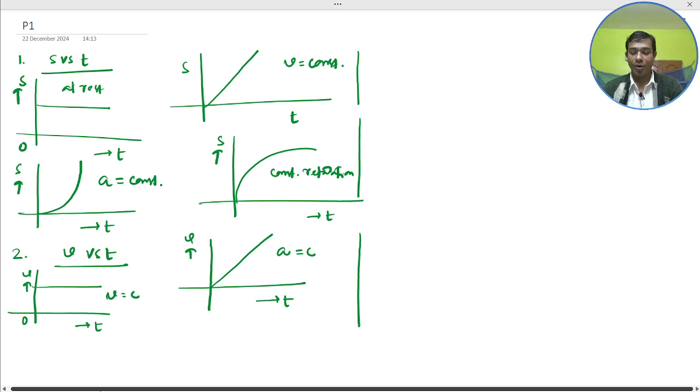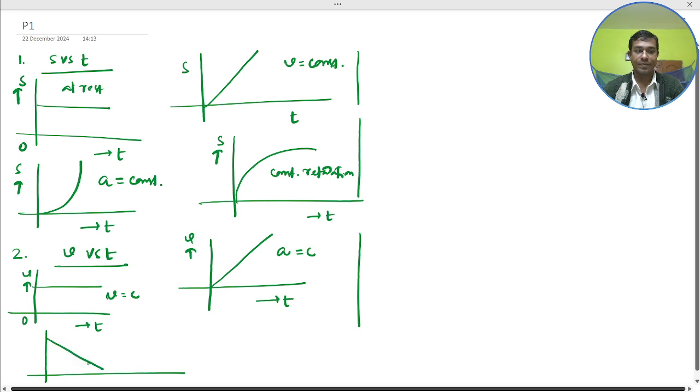Fourth one, moving with constant deceleration. For constant deceleration, this would be the graph, with v and t.